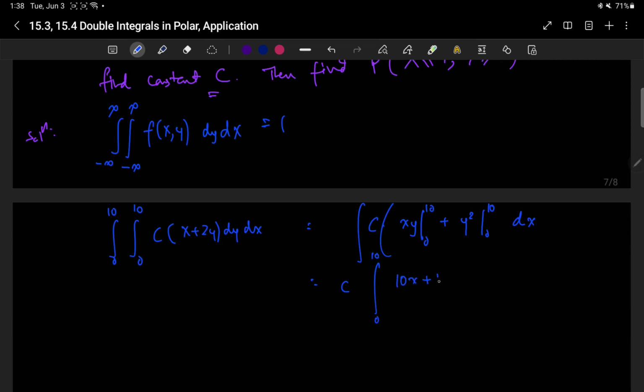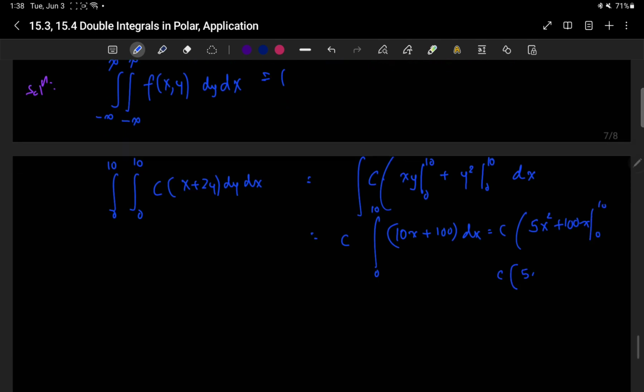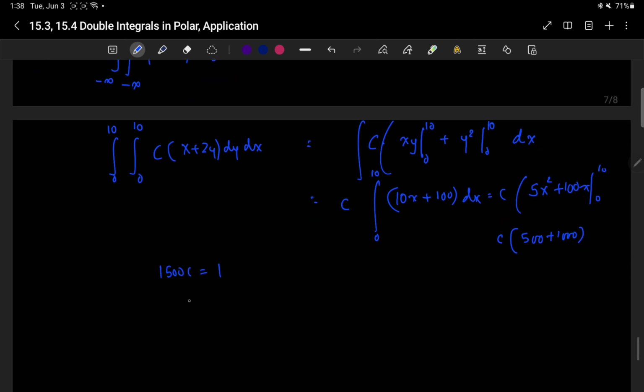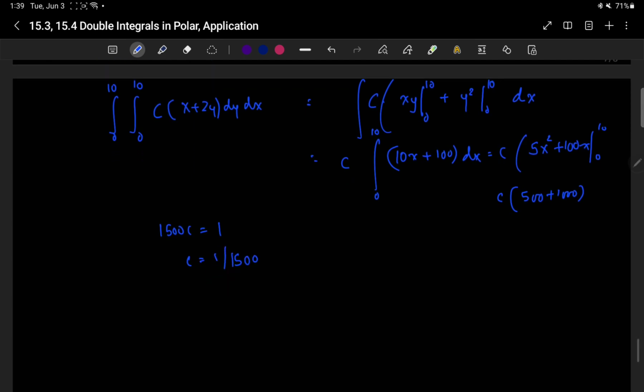That's going to be 10x plus 100 dx, which is c times 5x squared plus 100x from 0 to 10, which is c times 500 plus 1000. So what you end up with is 1500c equals 1. So for this to make sense, c has to be 1 over 1500.